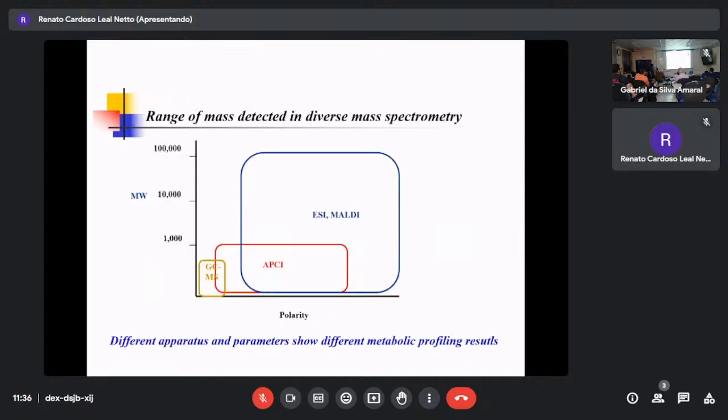And now, the range of mass detection. This one is kind of my general one. ESI is for polar compounds, ESI MS can detect this range. APCI, more or less maximum, I don't know, around up to 1,000. And GCMS, they say around 700, this is non-polar.